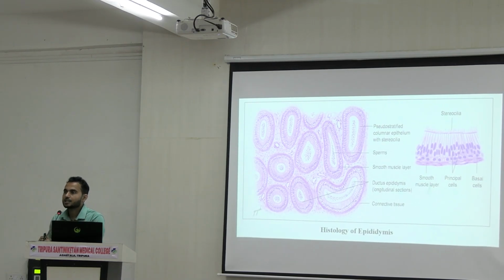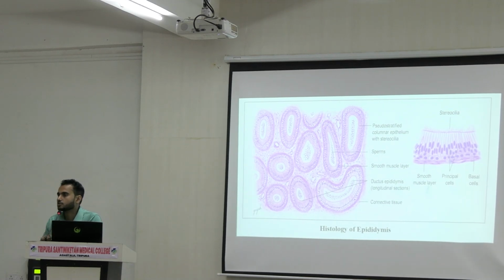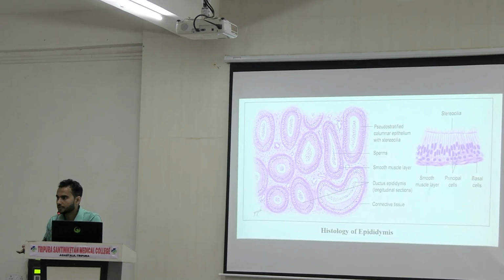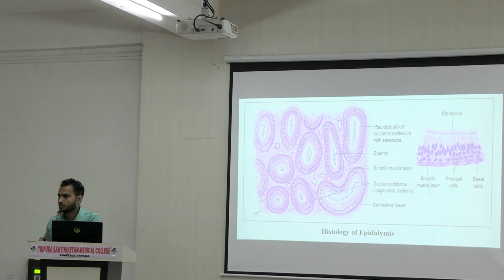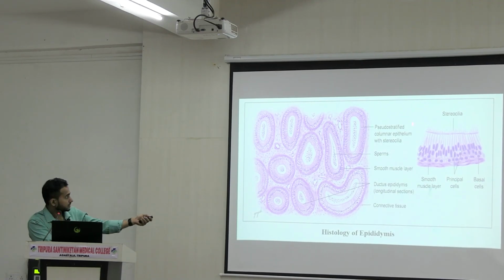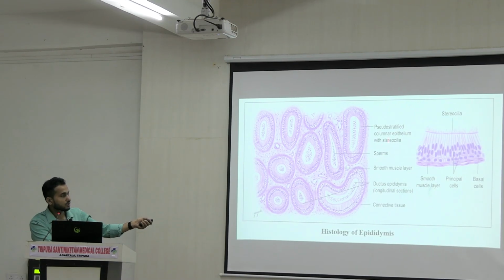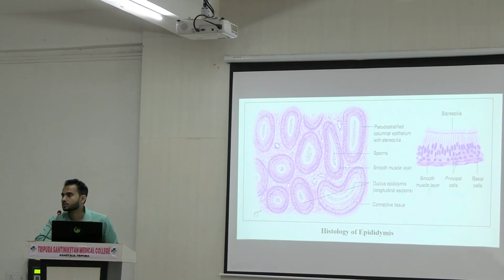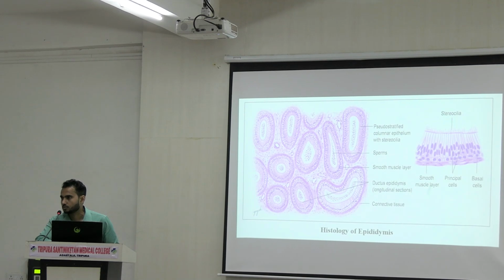Okay. Next, what is the differentiation? Next differentiation is inside the seminiferous tubule. What we have seen? Germinal epithelium, that also has two types of cells. What are they? Sertoli cells and spermatogenic cells. But here, what can we see? Can you see the lining epithelium? ये देखो. This is the lining epithelium. It is pseudo-stratified columnar epithelium, and stereocilia is present, which were absent in case of seminiferous tubule.